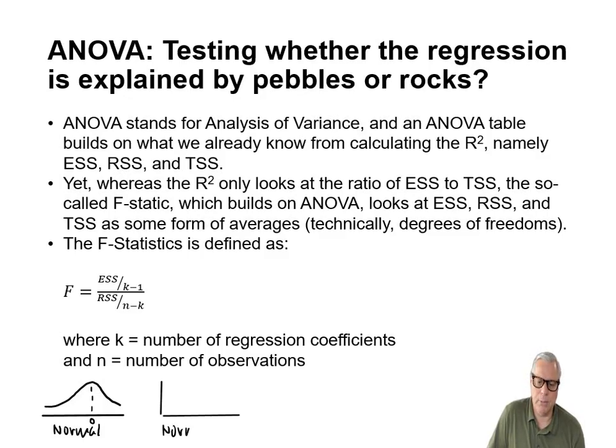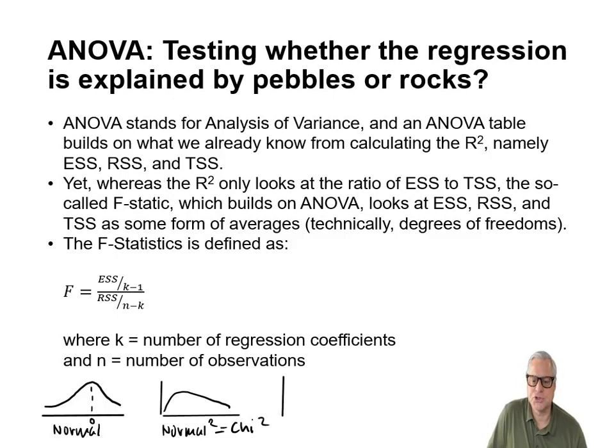So a normal squared is equal to a chi-squared distribution, and it looks like this. And an F distribution is the ratio of two chi-squared distributions.